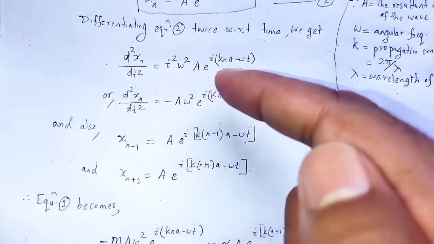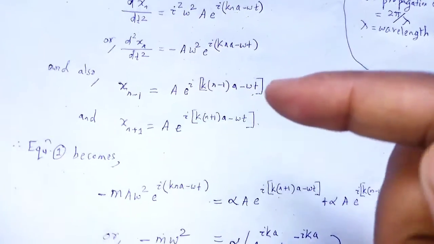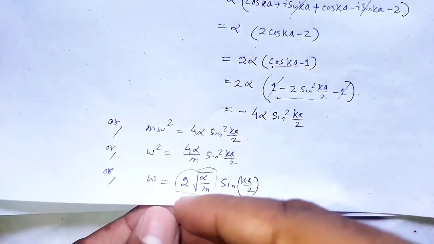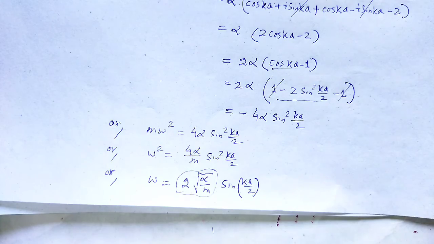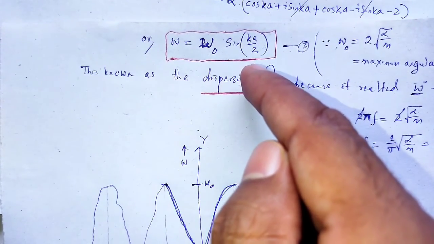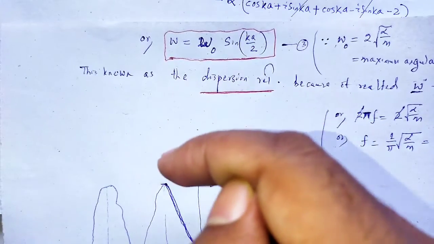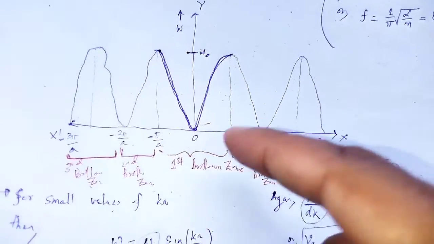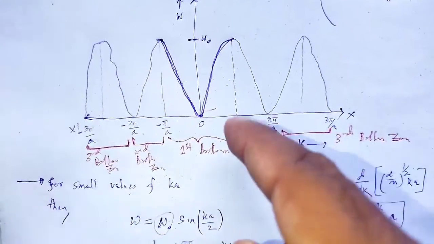Putting in the corresponding terms, we finally have omega equal to omega naught sin(ka/2), the dispersion relation between omega and k. Using that, we plotted the graph.